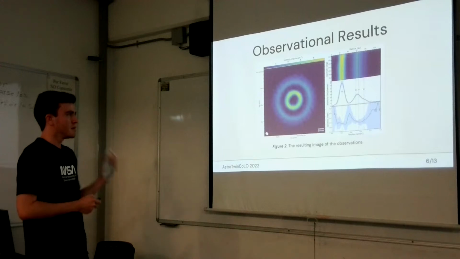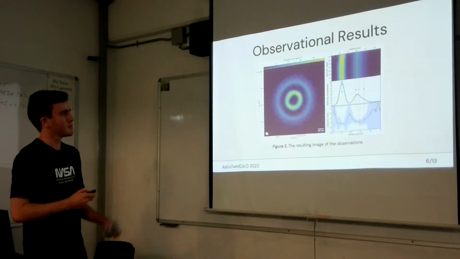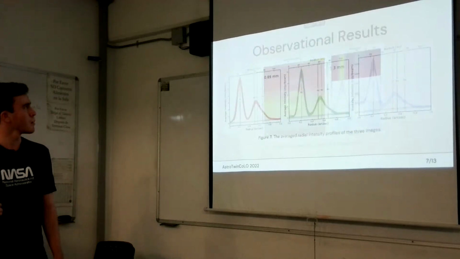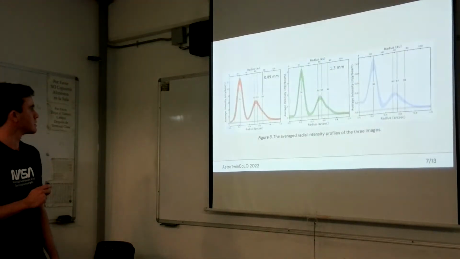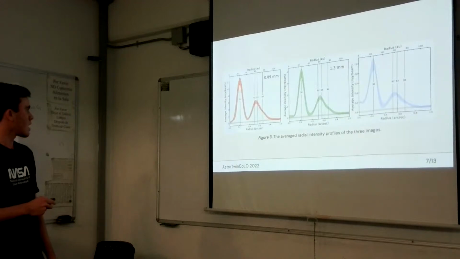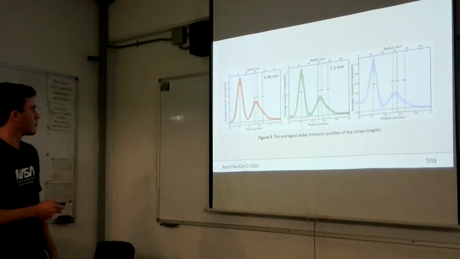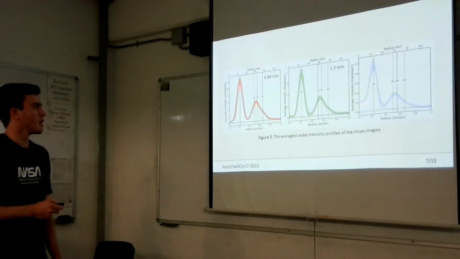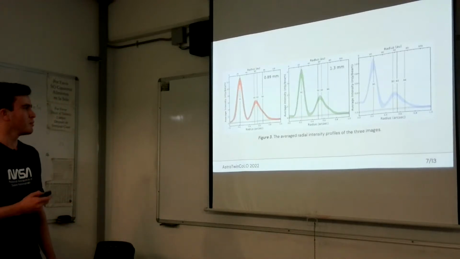V1 is the inner disk, and V2, V3, and V4 are the outer disk. And this is the average intensity. Again, V1 is the inner disk, and this is 0.89 millimeters, this 1.3 millimeters, and this is 3 millimeters.